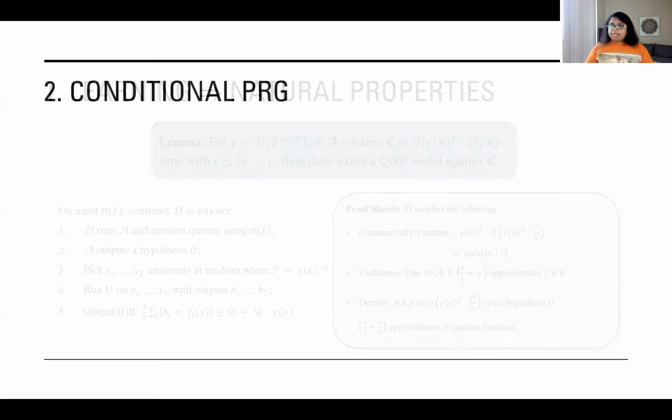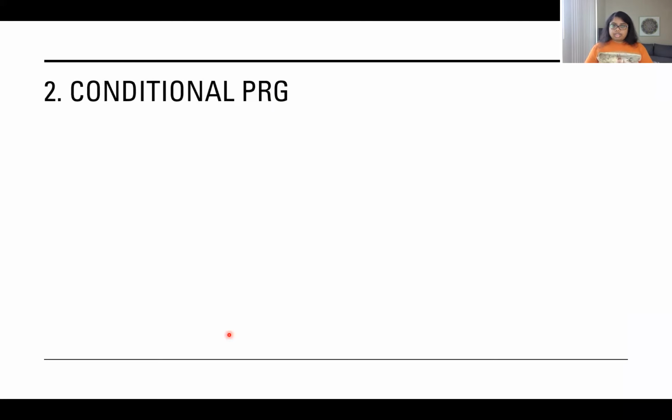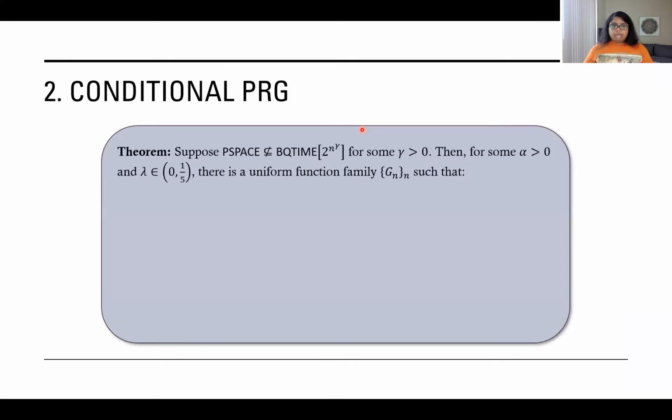So the second step, now that we have done that, is to construct this conditional pseudorandom generator. So let's see what the construction says. My assumption here again is that PSPACE is hard, so it's not in sub-exponential quantum time. And there are certain parameters here that I can use to generate this family of generators.